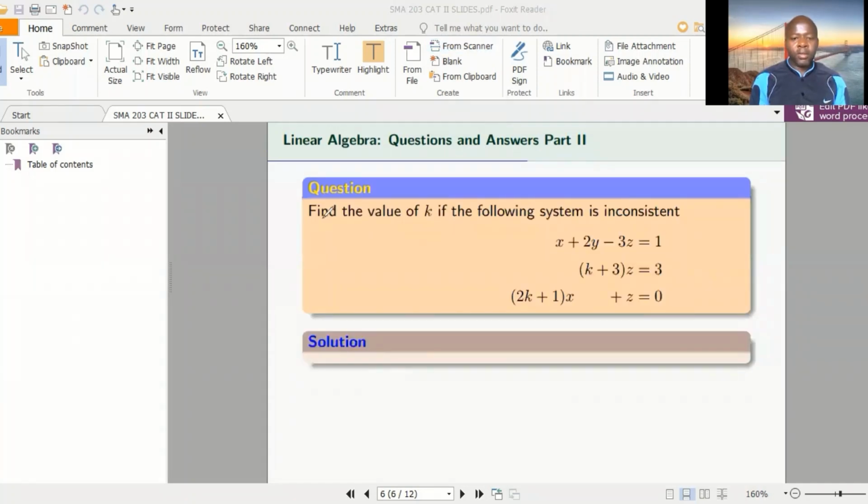Now, the next question says find K so that this system of linear equations is inconsistent. I'll just begin by reversing row 2 and row 3, equation 3.